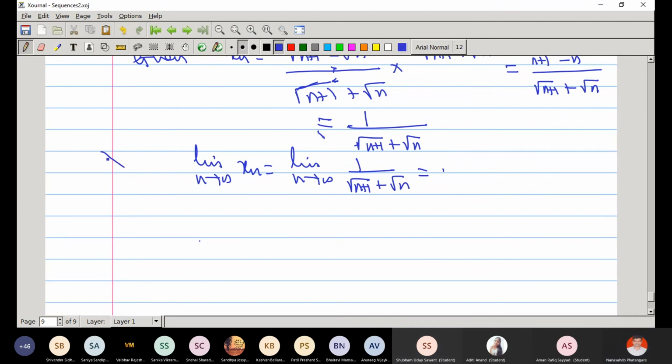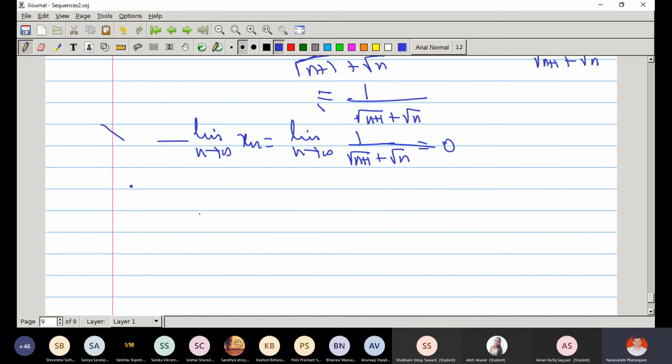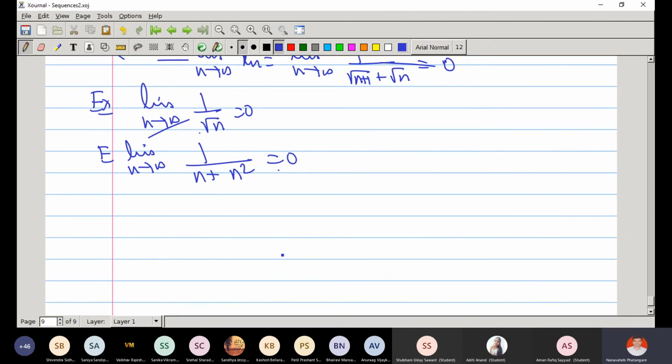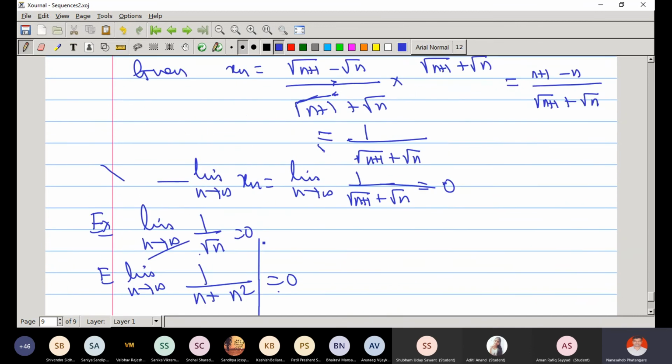If you want to further simplify this, you can, but anyway, this limit is 0 because the denominator tends to infinity. Or before that you try to prove that limit n tends to infinity of 1 upon root n is 0, then limit of 1 upon n plus n square is 0. So all these are equivalent. Anyway, this limit comes out to be 0.